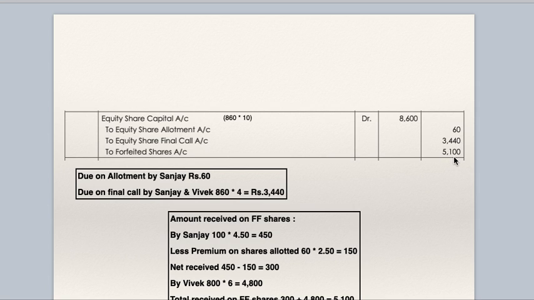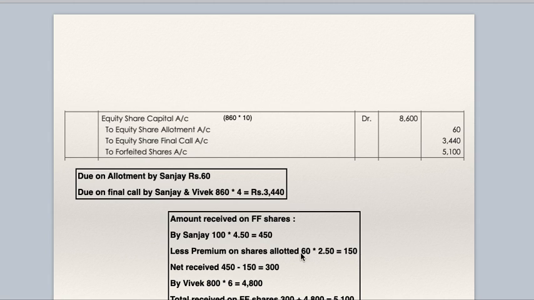To forfeited shares 5100. This is amount received from Sanjay as well as Vivek. How much they have received from Sanjay? He has applied for 100 shares. So 100 into 4.50, 450 they have received. You have to deduct securities premium from this. 60 shares were allotted. So 60 into 2.50, 150 securities premium.